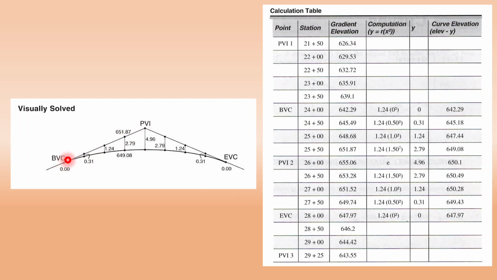Remember, we calculated this incoming gradient to be 6.5%, and this outgoing gradient should only be half as steep, because it's like, what, 3.5% coming out. So even though your y dimensions will be symmetrically equivalent to one another, your ultimate resulting elevations along the curve will not be if your gradient lines are not equal to one another, right? You'll be imbalanced, which is why we're at a 645 at 24 plus 50, but a 649 at 27 plus 50.